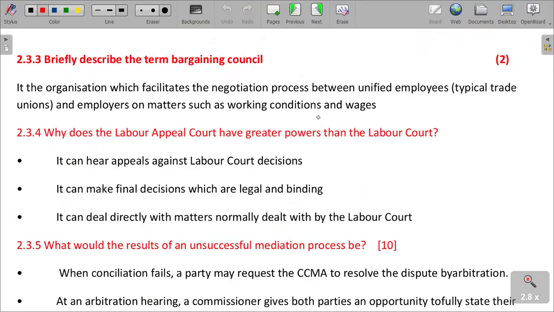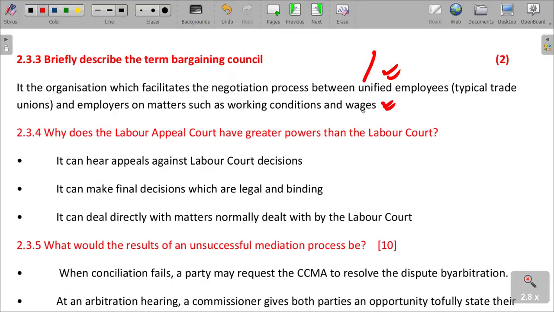And then briefly describe the term bargaining council. A bargaining council is an organization which facilitates the negotiation process between unified employees, employees of the same trade, typical of trade unions, and employers on matters such as working conditions and wages.